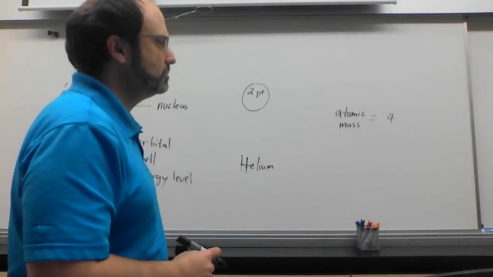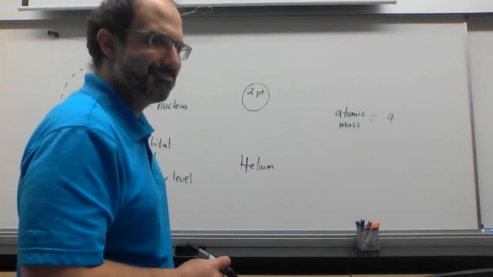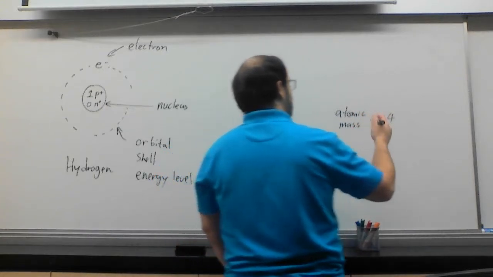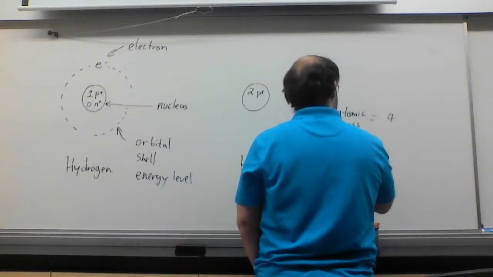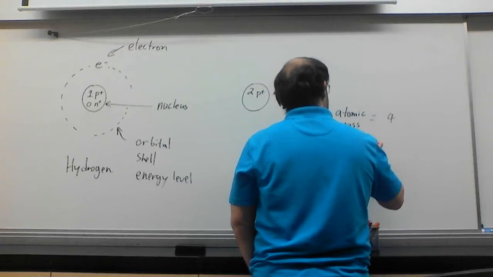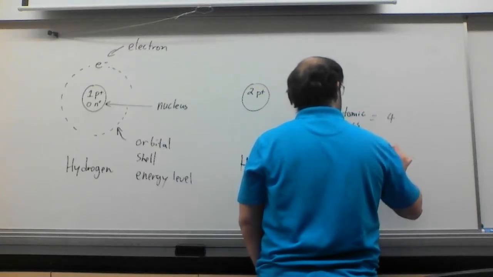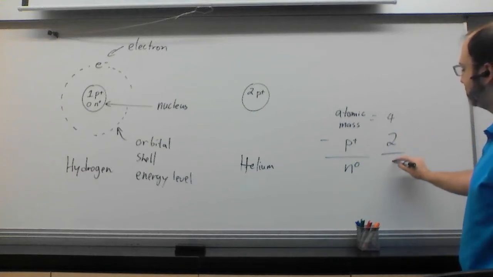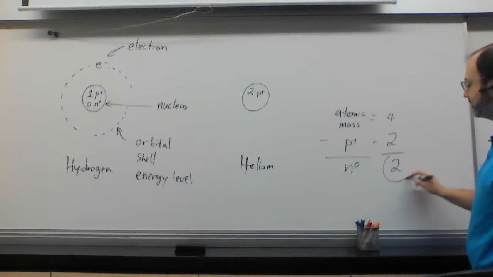well, we've got 2 protons, right? So what do we do? Well, to find the number of neutrons, remember, we take the atomic mass and we subtract the protons, and that will tell us the number of neutrons. So we're going to take our 4 and we're going to subtract 2 from it, and that will give me 2.